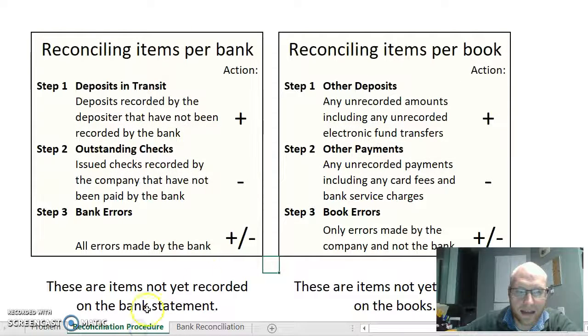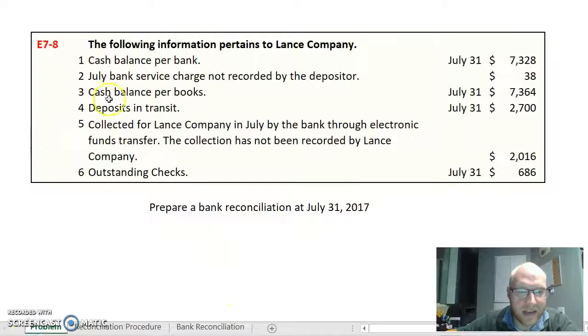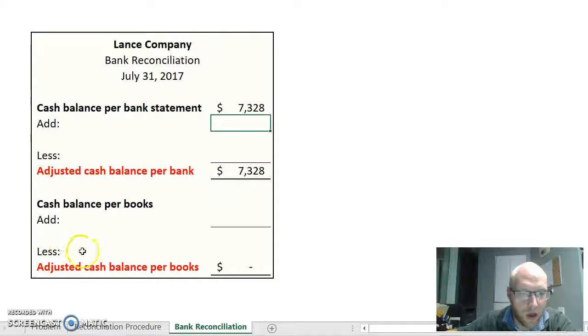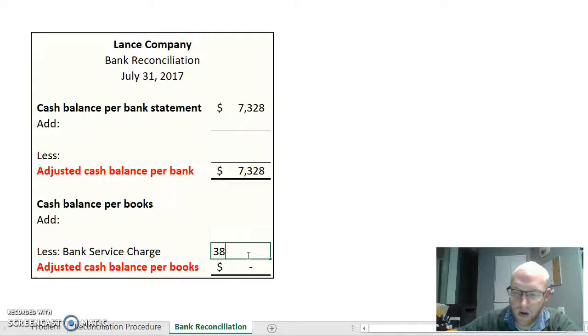So when we go back to here, we can see that bank service charge falls under other payments on reconciling items per book. So it needs to be deducted from the books. So we see that the amount here is $38. So we're going to less it right here for $38.